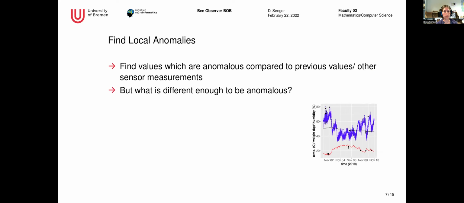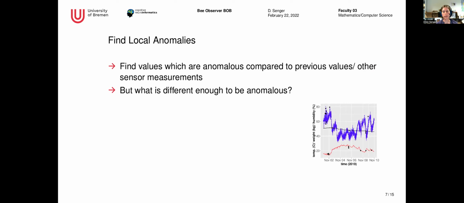So now I'm coming to the data analysis. The first step in the process of data analysis for us was to look at anomalies. It's a bit like this new feature in the Beep app, where you can have cut-off values and then alerts.